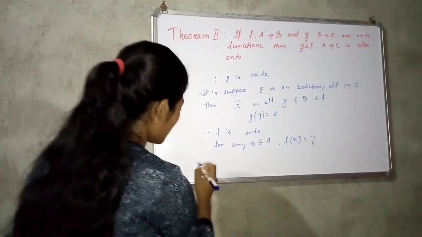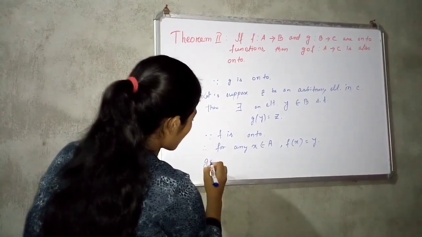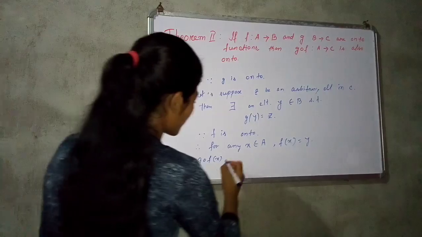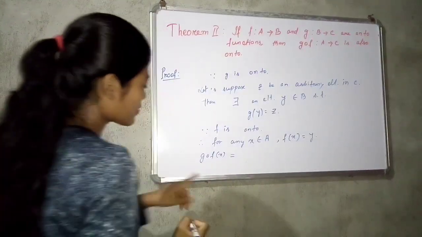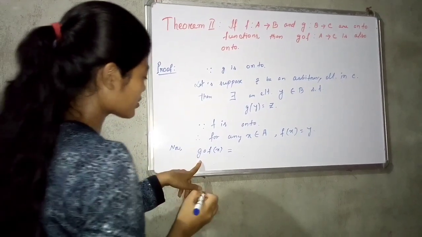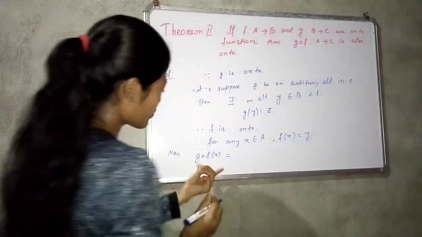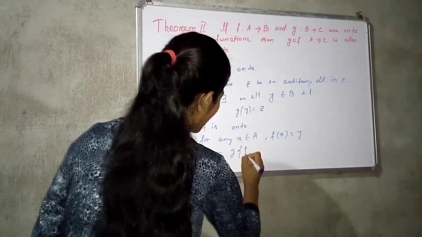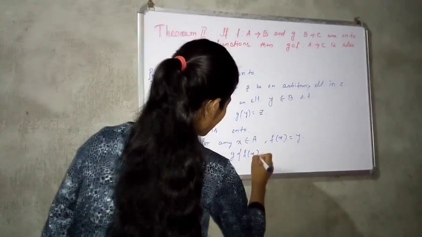Therefore, g naught f of any element x, suppose, and by definition of composite functions, we can write it as g of f of x.